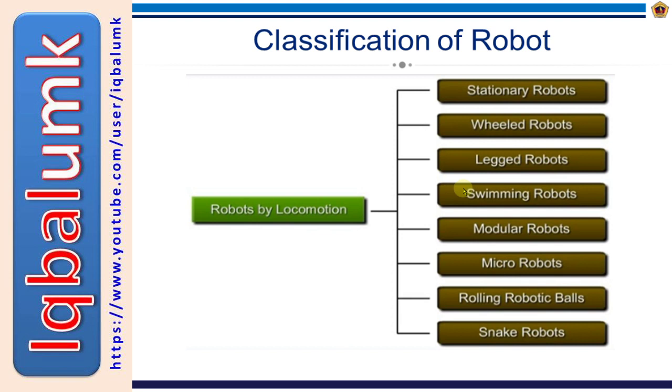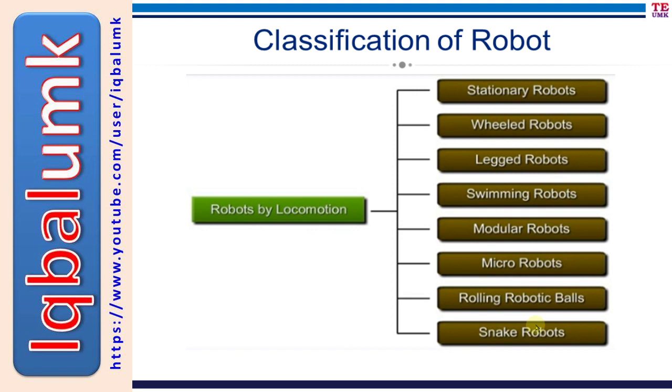Untuk robot berdasarkan locomotion diklasifikasikan ada beberapa ini, ada robot stasioner, kemudian ada robot beroda, robot berkaki di sini. Kemudian ada robot berenang, robot modular, robot mikro. Kemudian ada robot rolling ball, kemudian ada juga robot ular di sini.